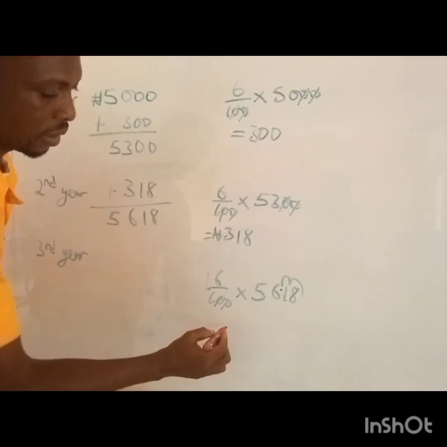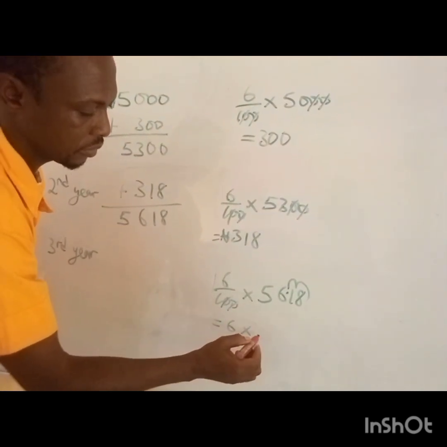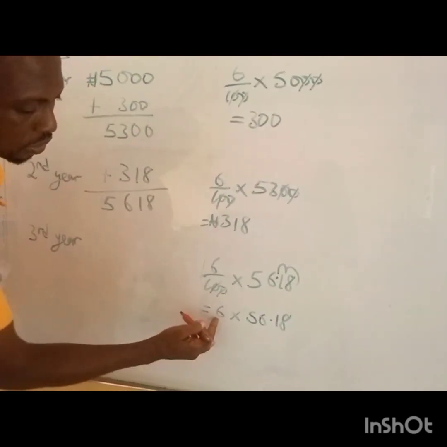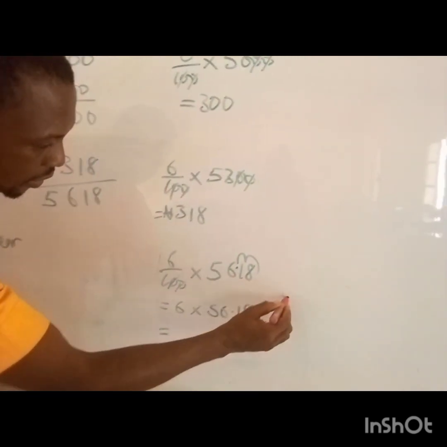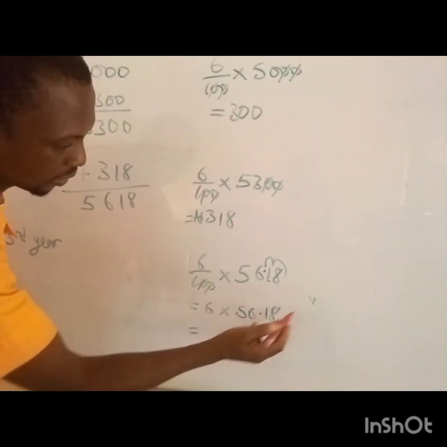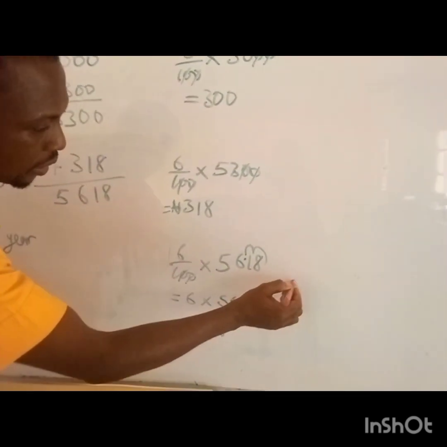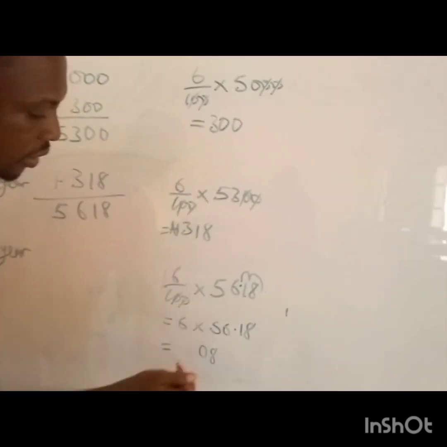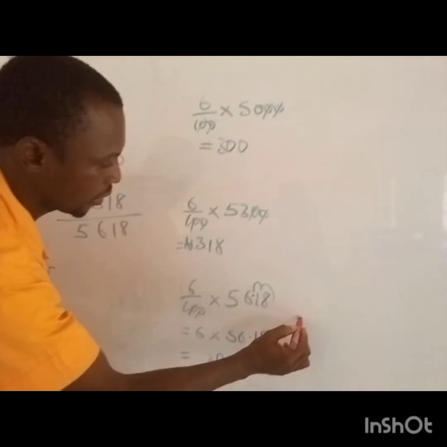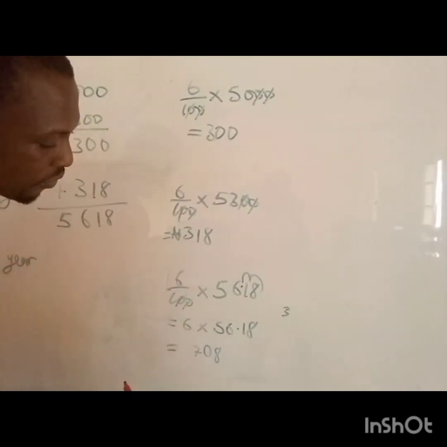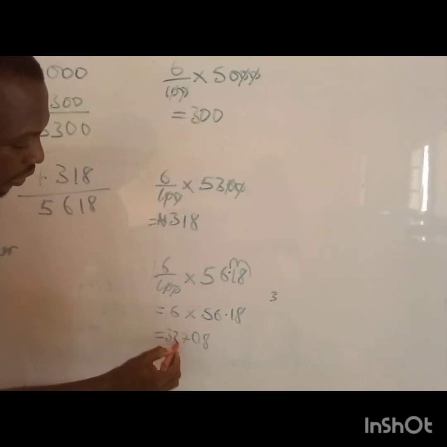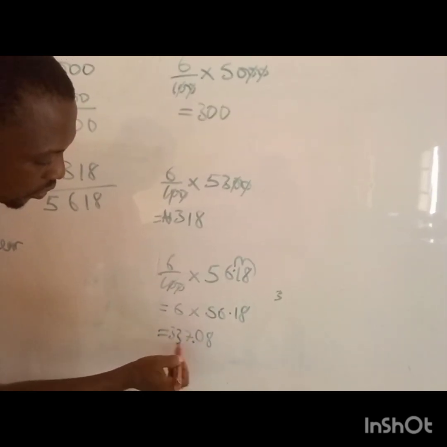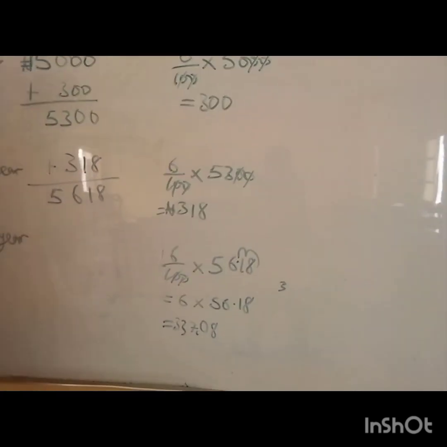So we have 6 times 5,618. 6 times 8 is 48. 6 times 1 is 6 plus 4, 10. 6 times 6, 36 plus 1, 37. 6 times 5 is 30 plus 3, 33. So we have 2 decimal places.